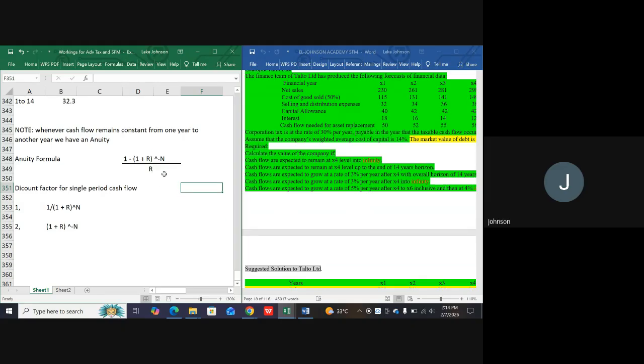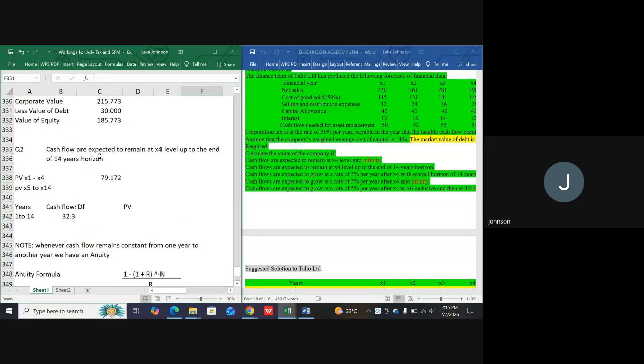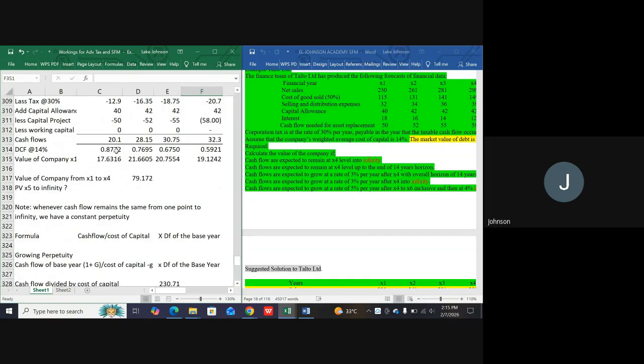To make it easy for those who don't want to start cramming or don't know how to get it, it's simple. There are different ways to get it. Once you know the single period discount factor, for when your cash flows are different in each year, that is what we use to get our discount factor here.